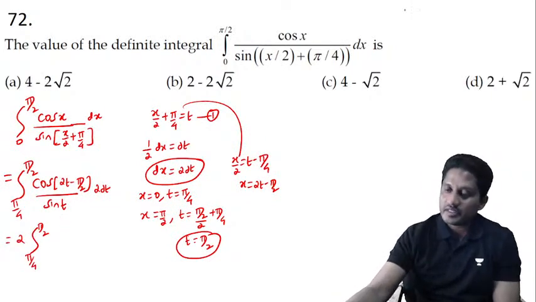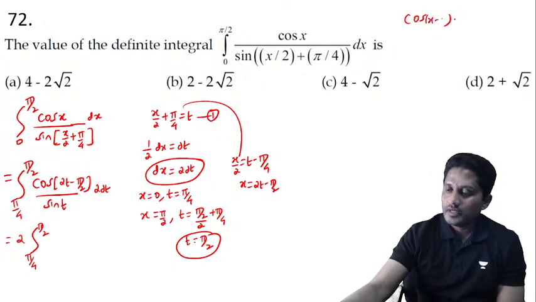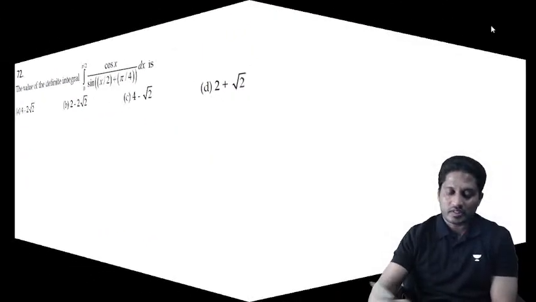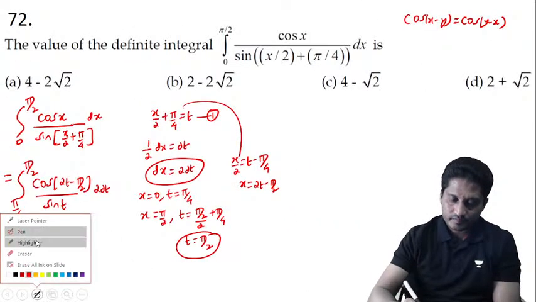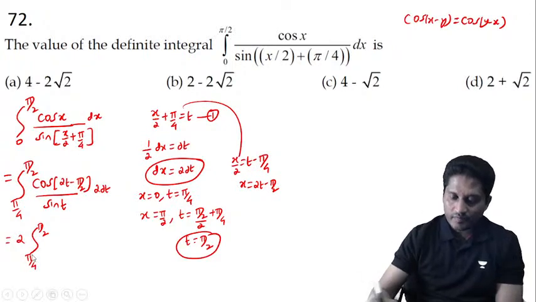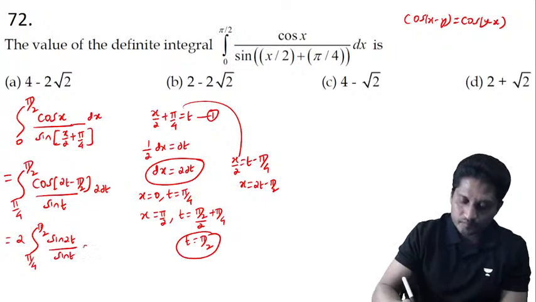See, actually cos of x minus y is same as cos of y minus x, because cos of minus theta is plus cos theta. So if I use this logic, cos of 90 minus theta is sin theta, so this is sin 2t divided by sin t dt.